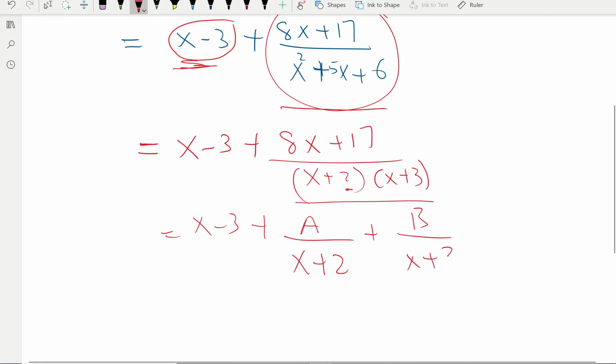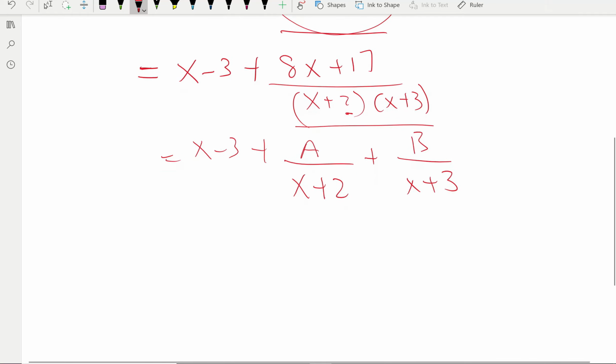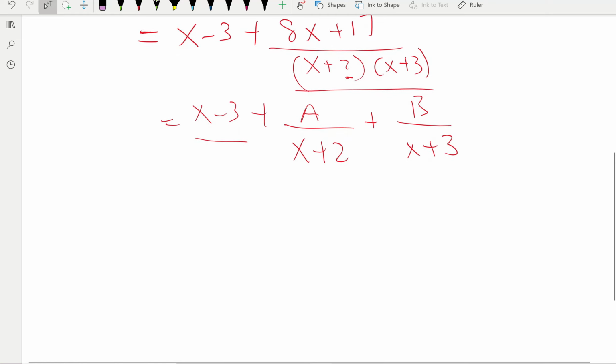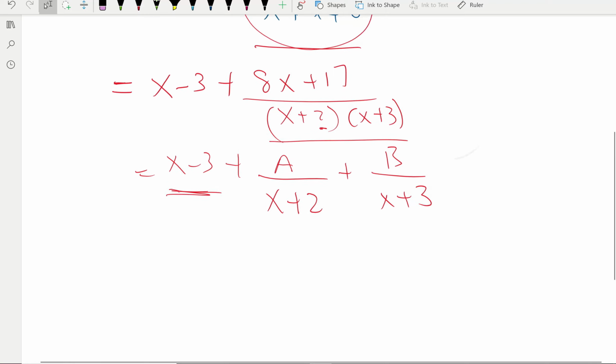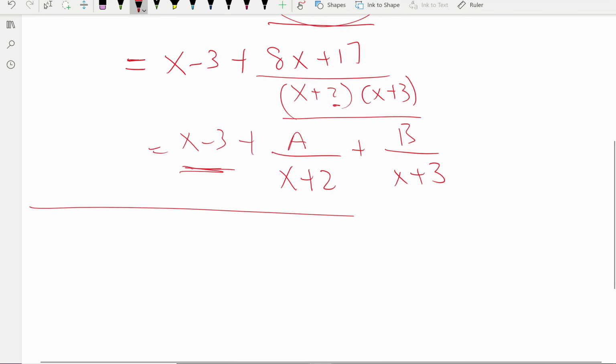I use case 1 strategies. Notice that I keep writing x minus 3, the quotient. Well, that's the decomposition. Now we need to find the constants. To find the constants, you don't have to deal with this x minus 3. Here's something you can do. You can think of this as a separate problem.